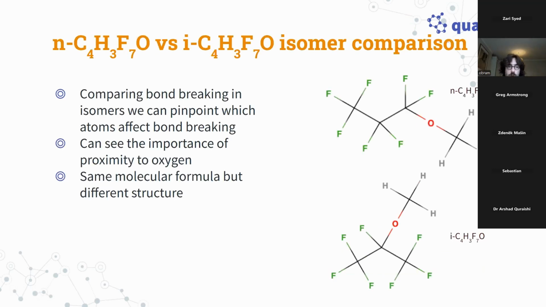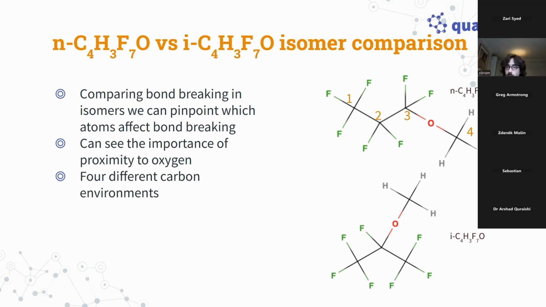So here we're going to now compare 2 different isomers. So they have the same molecular formula, but they've got different structures. Just to make this particularly clear, we've got 1 fluorine environment here, 2nd fluorine environment here, and a 3rd fluorine environment here. And we have 4 different carbon environments.